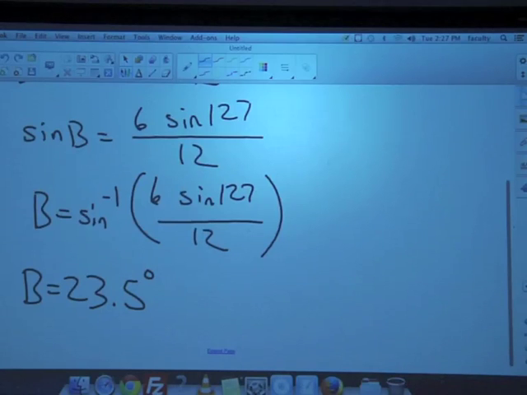You should get 23.5, right? So, what's the measurement of angle C going to be? What does the total have to be again? In a triangle, the sum of the angles equals 180.